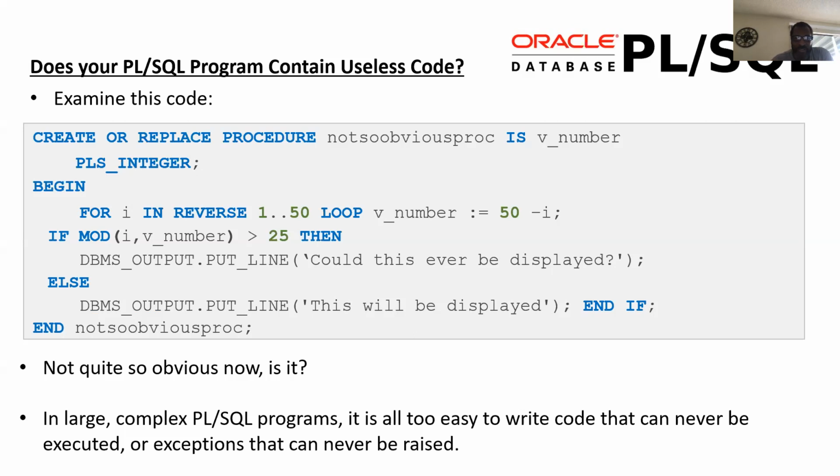The remainder should never be larger than 25. Are you saying, Brian, that it should never be, or it will never be? Never be.